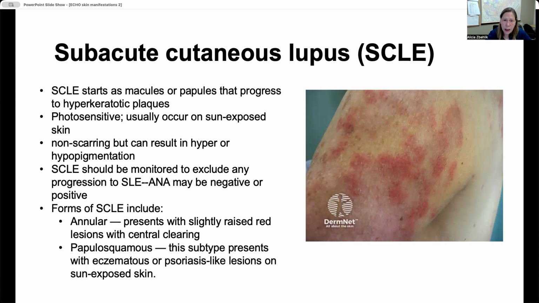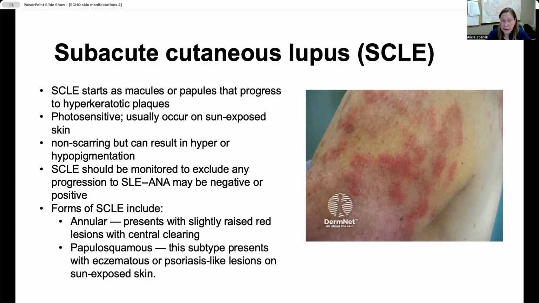Another pretty common version of cutaneous lupus is the subacute cutaneous lupus. And it's got a little bit more of a beefier appearance. It's thicker, it's more hyperkeratotic, so it's got some of that scale and the overgrowth of the upper layer of the skin.